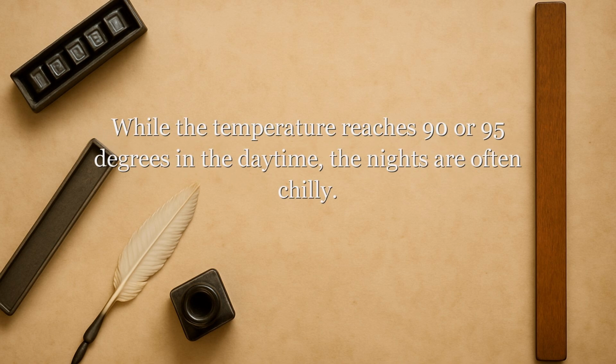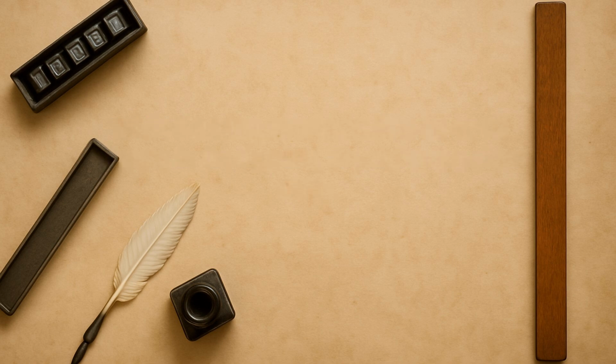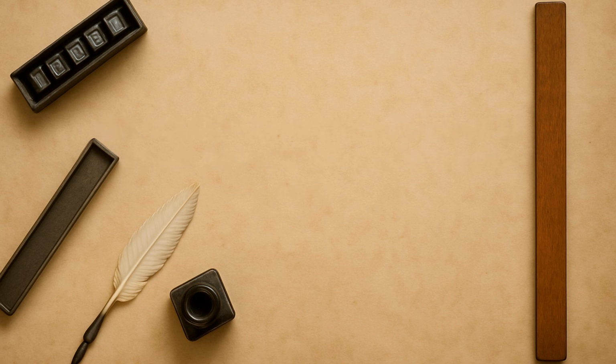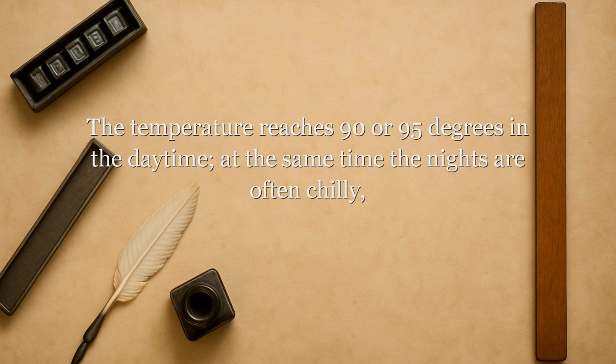Compare: While the temperature reaches 90 or 95 degrees in the daytime, the nights are often chilly. Although the temperature reaches 90 or 95 degrees in the daytime, the nights are often chilly. The paraphrase: the temperature reaches 90 or 95 degrees in the daytime.